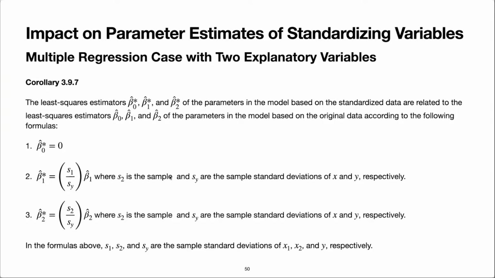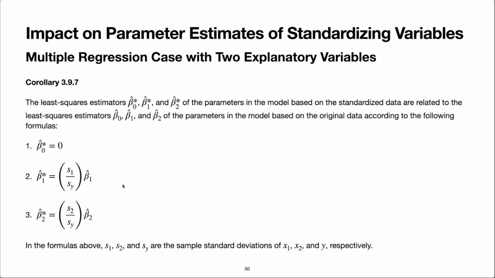where, oh, I've got a little typo here, so I need to clean this up. All right, I cleaned that up a bit. And so again, beta 1 star hat, which is the least squares estimator of beta 1 star, is given by S1 over S sub y times beta 1 hat. And then finally, beta 2 star hat is equal to S2 over S sub y times beta 2 hat.